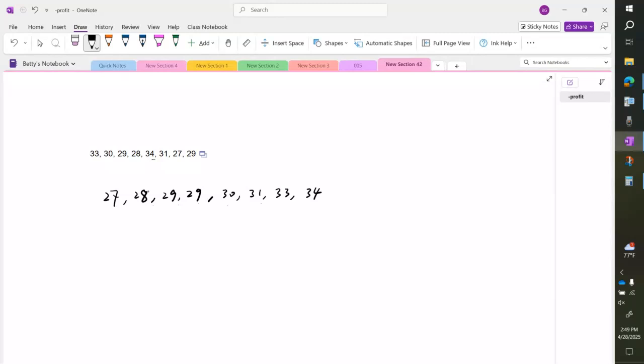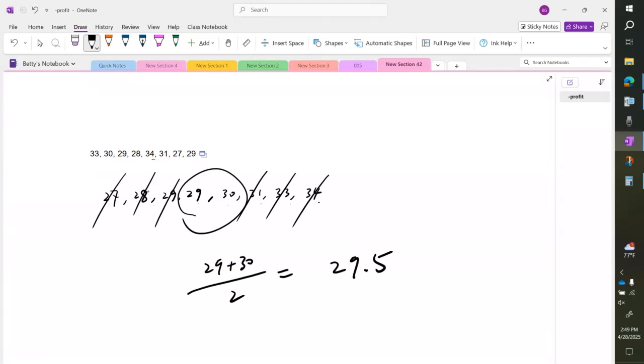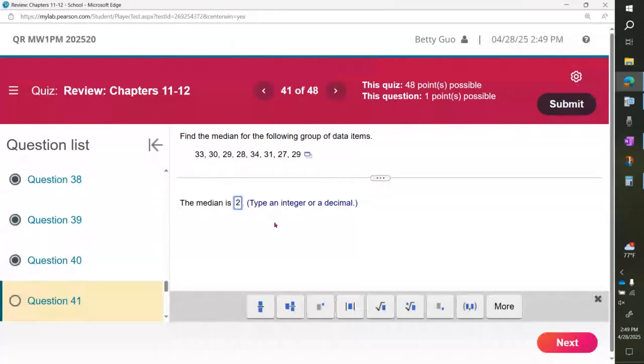Smallest, biggest, smallest, biggest, smallest, biggest. Two values in the middle. Take the average of the two numbers, 29.5. In the middle of 29 and 30 is 29.5, right? That's going to be the median. 29.5.